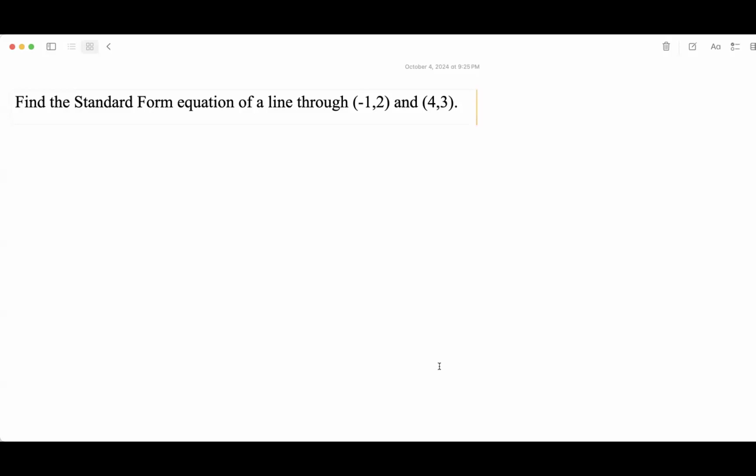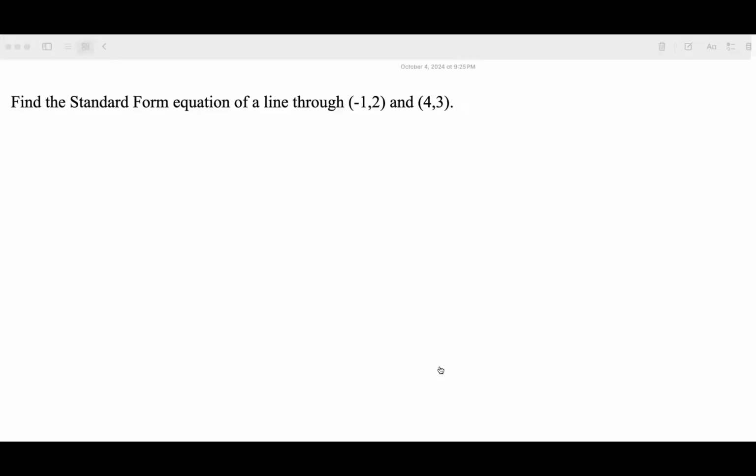Priya, I have a question. In the equation for standard form, what is C? C is the constant that is not associated with X or Y. It can be any number.